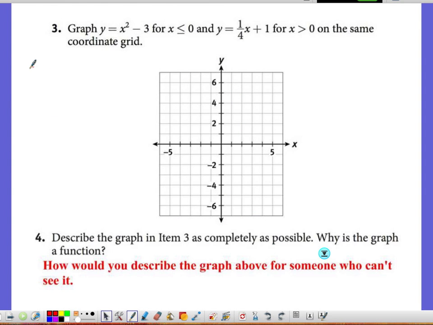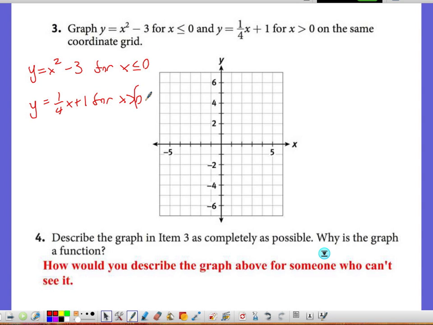So if we write this side by side, y is equal to x squared minus 3 for x is less than or equal to 0, and y is equal to 1 over 4 x plus 1 for x is greater than 0.